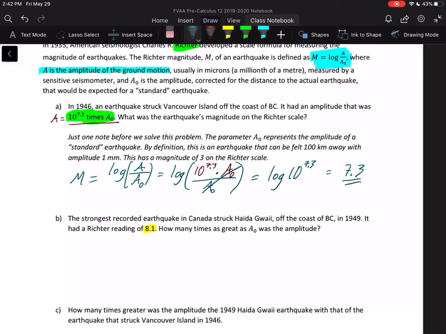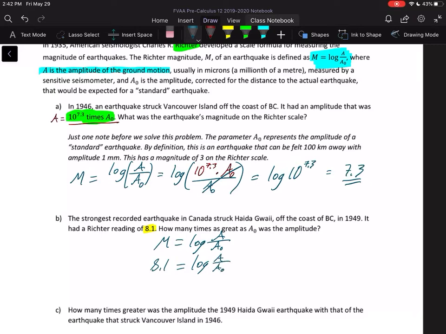Well, here, M is equal to log of A over A0, and the magnitude is 8.1, so 8.1 is equal to log of A over A0.